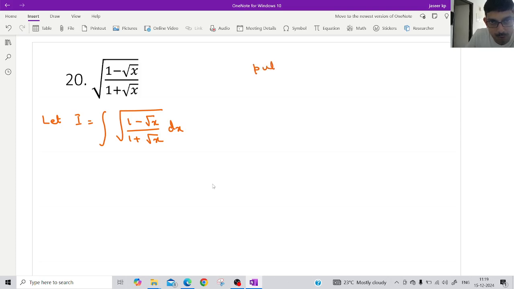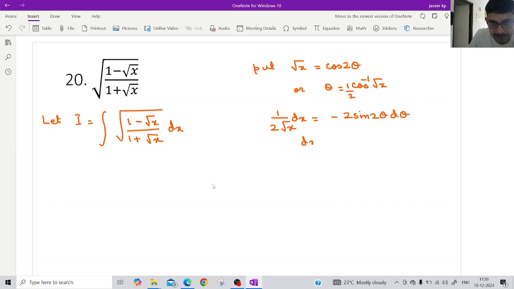Put root x as cos 2 theta, or theta equals 1 by 2 cos inverse of root x. So root x is cos 2 theta, that means 1 by 2 root x dx equals minus 2 sine 2 theta d theta.